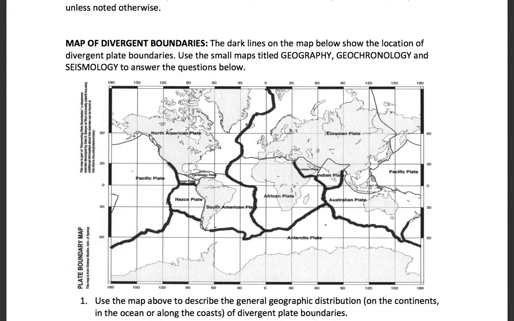The thin lines, those are ones we'll deal with later, but now we want to just focus on those divergent boundaries. So your job is to find where these divergent boundaries are and then look at those locations on the other maps and see what's going on with the geography, the geochronology, seismology, and we're also going to be looking at volcanology.